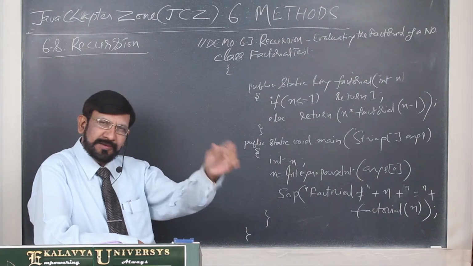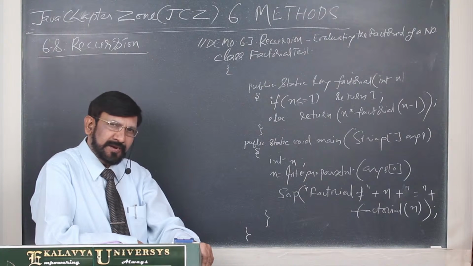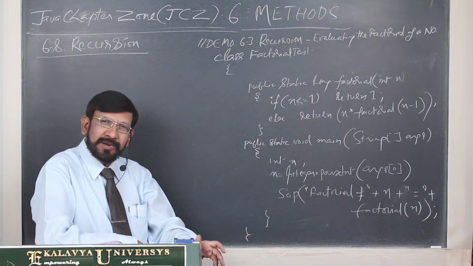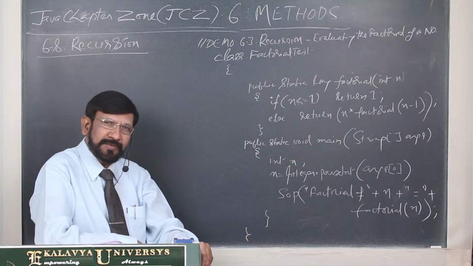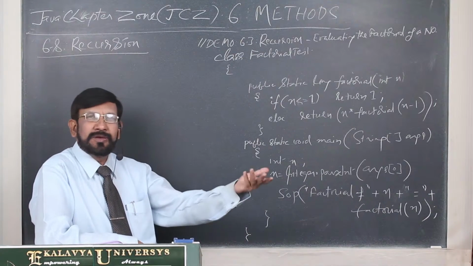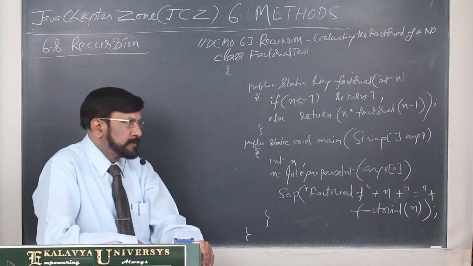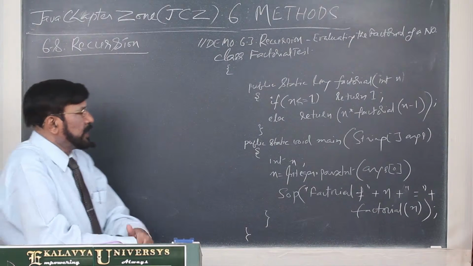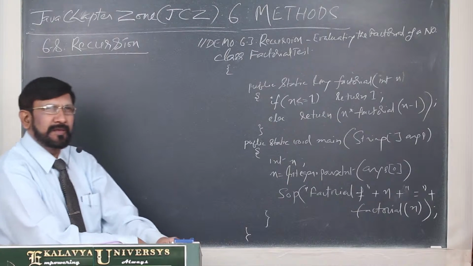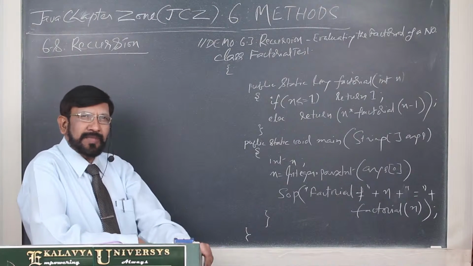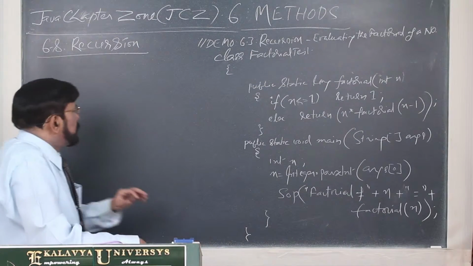Even if you cannot explain the technical concept satisfactorily, you can give the illustration or example very easily, or otherwise you can give a programming example, which is much better. So whenever you have to explain recursion, the common example is calculating factorial.